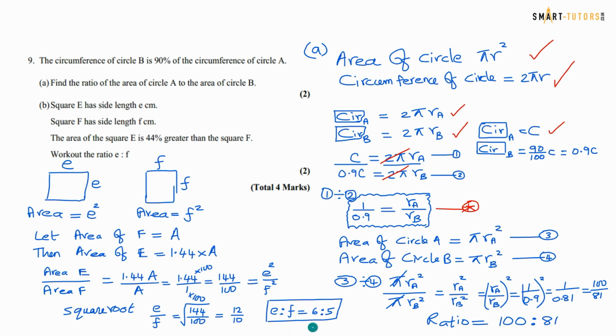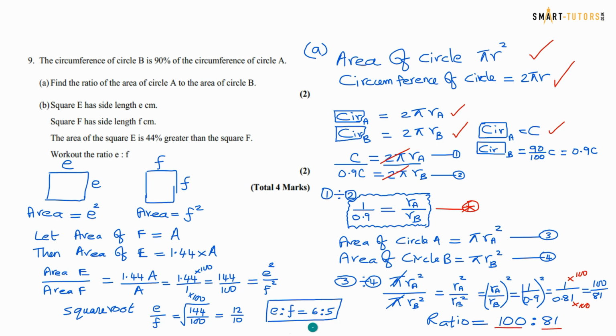So 1 over 0.9 whole thing squared means 1 squared is 1, 0.9 squared is 0.81. If I times both sides by 100, 100 times 1 is 100, 100 times 0.81 is 81. So the area ratio is 100 to 81.